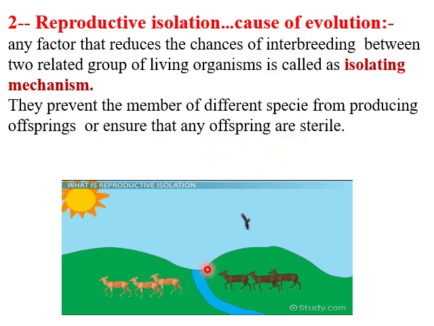In this diagram, you can see two different populations of deer, one light in color and the other dark, separated by a huge river between the two ecological niches. Due to this isolation, they cannot reproduce with each other, so their gene pools may differ from each other.